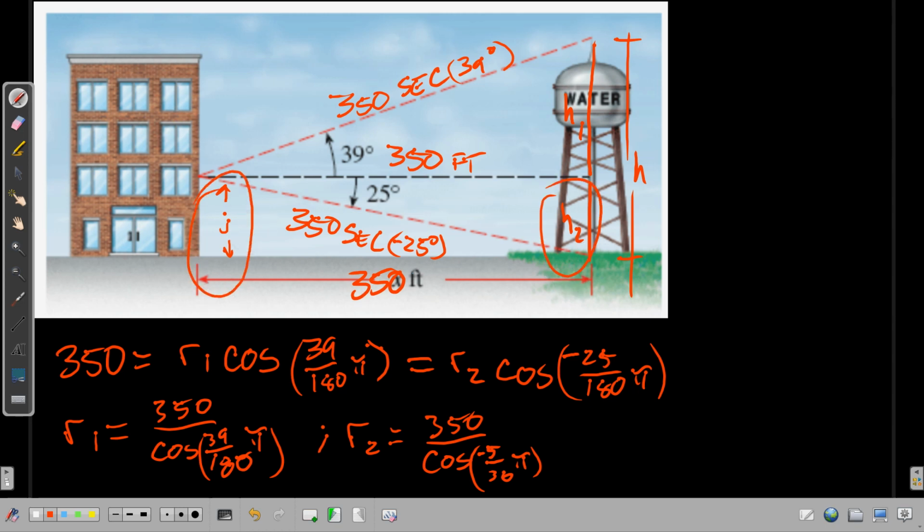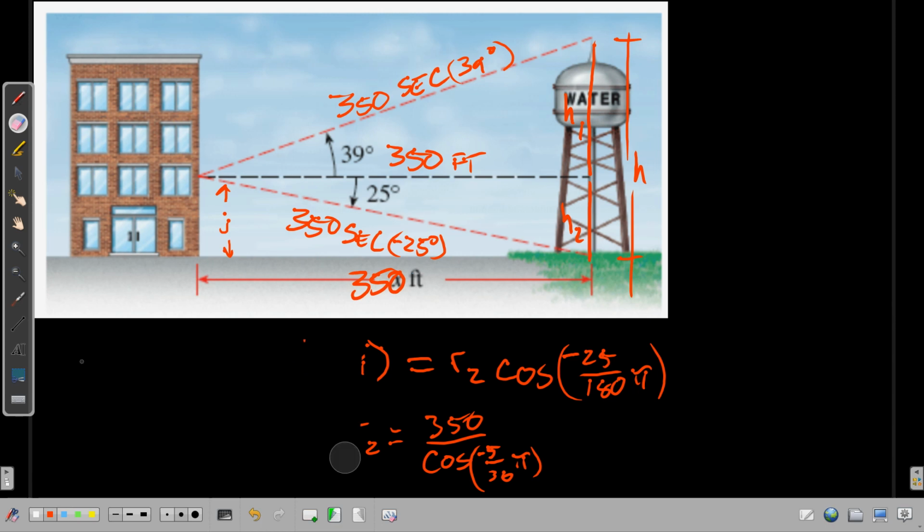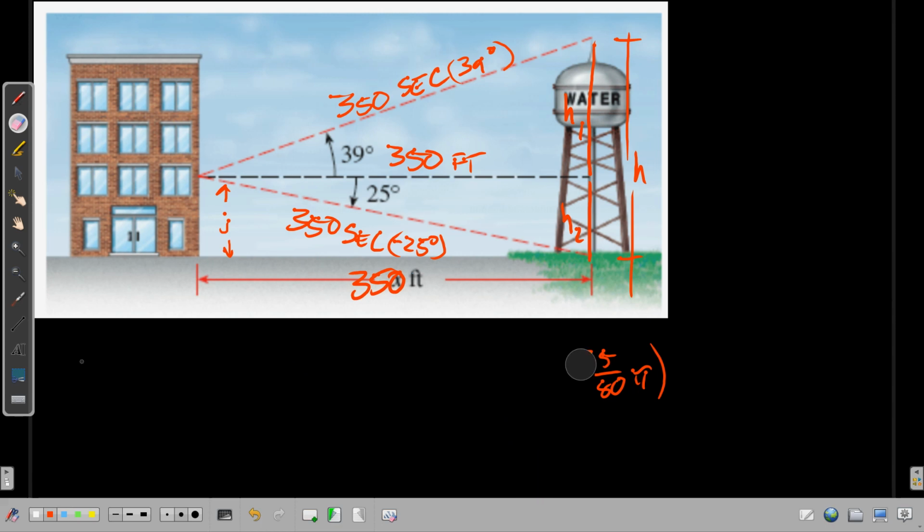J is H2. Okay, that's handy. I guess we'll just figure that one out first. Since J is H2, that's the height of the window.